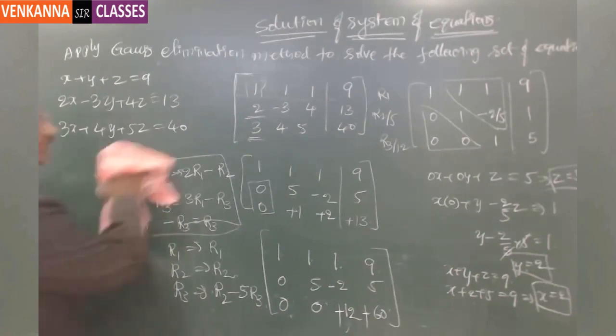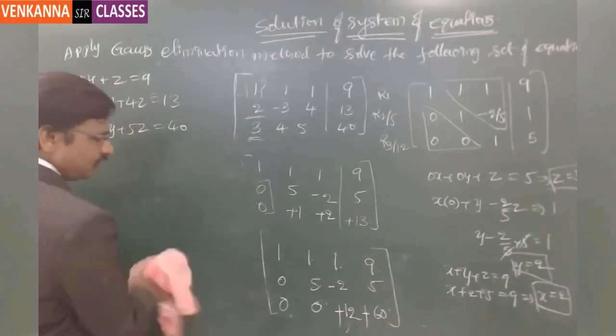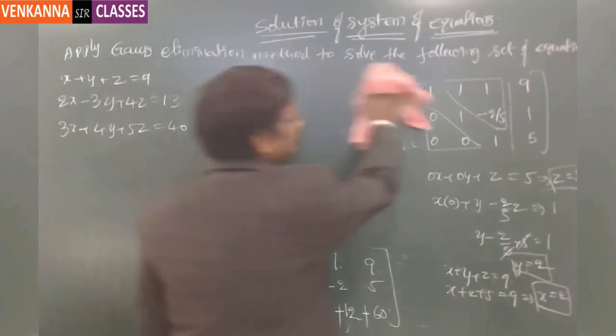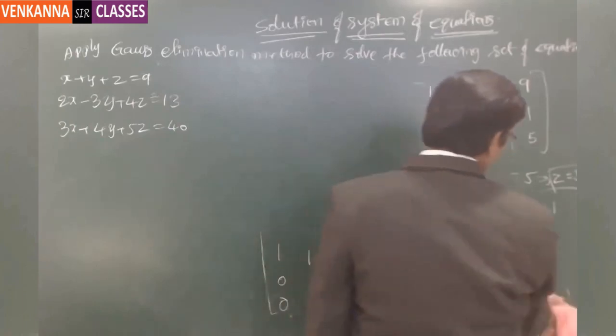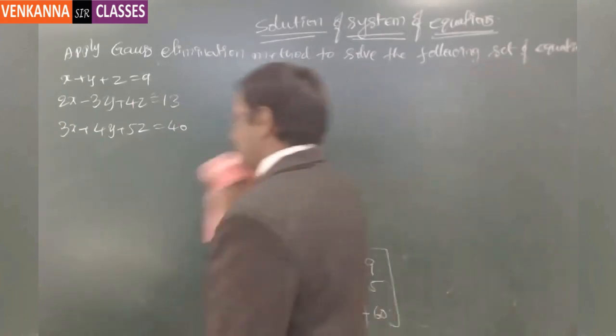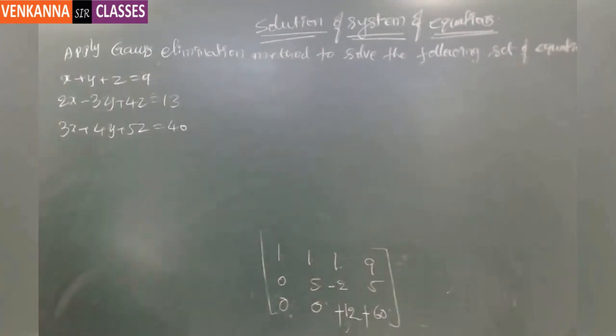Now, coming to the Gauss-Jordan method, we are trying to make a diagonal matrix rather than an upper triangle matrix. So for that, we will proceed from the same process, but with two more steps further. So this is the Gauss-Jordan method.